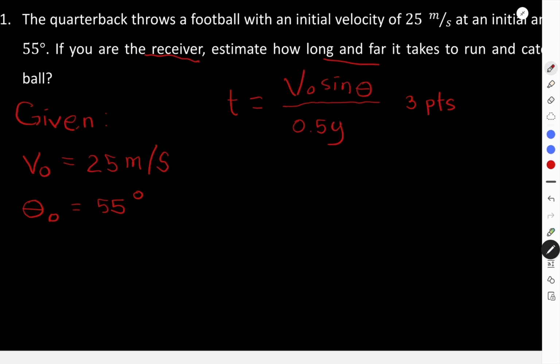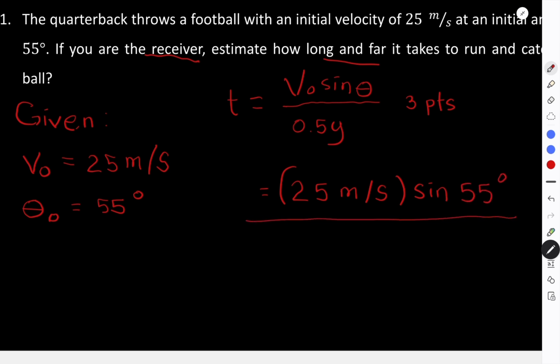Okay, so substitute your initial velocity with 25 meters per second multiplied by our sine of 55 degrees, all over 0.5, and then you already know that the gravity is 9.8 meters per second squared.